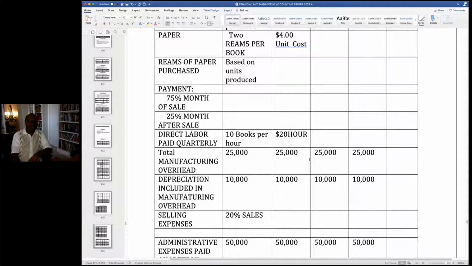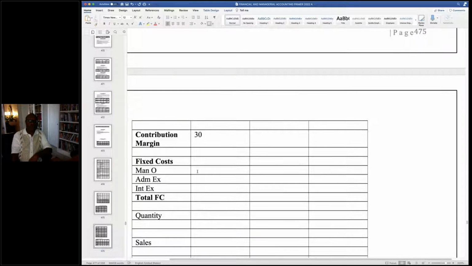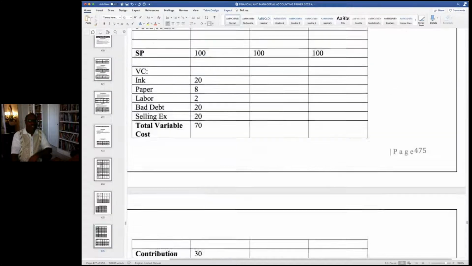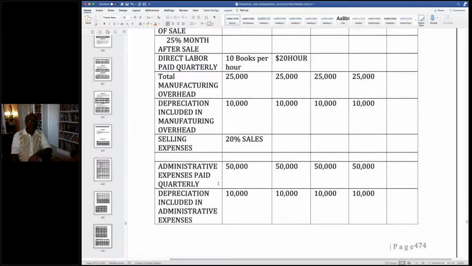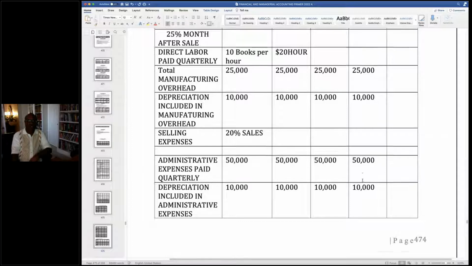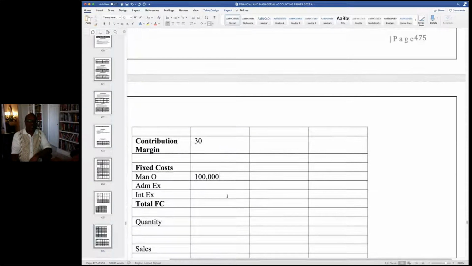So we need administrative expense. What is it going to be? Administrative expense is going to be what?